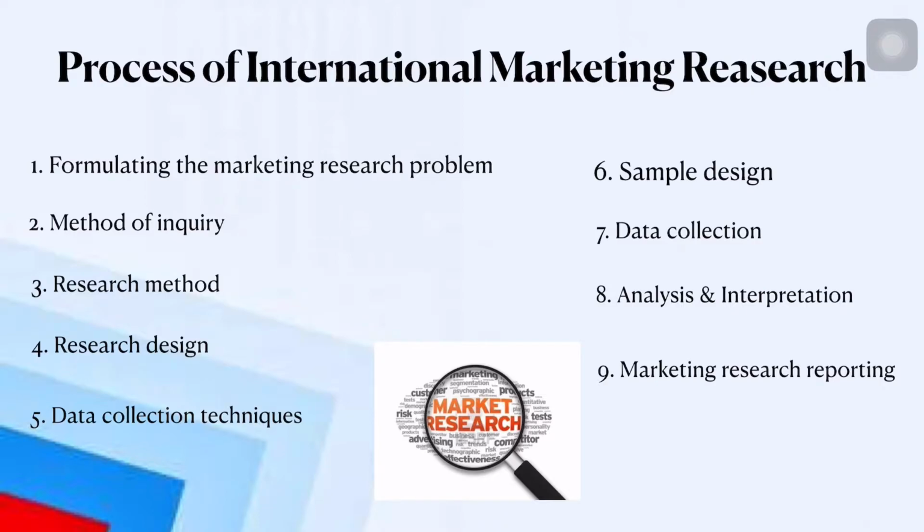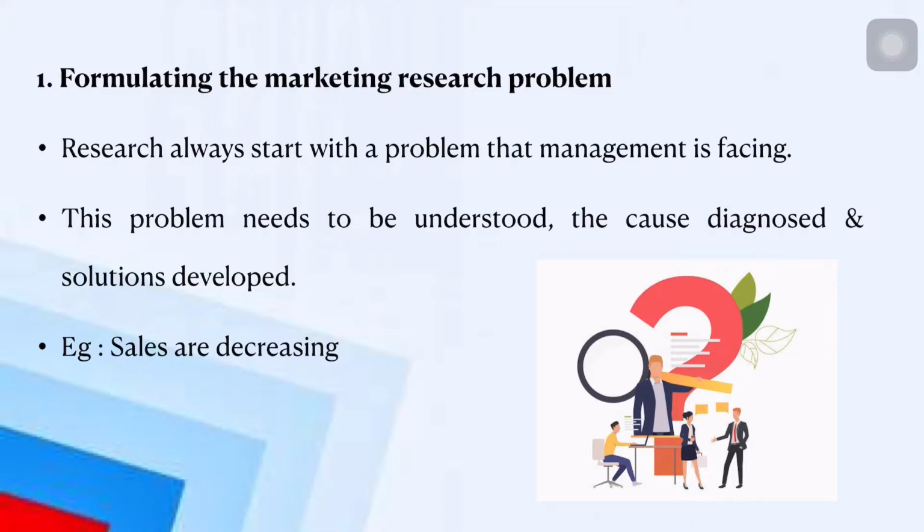So we have 9 different steps to achieve this research. Let's start with the first one. The first is formulating the marketing research problem. So everything starts with a problem, isn't it? An issue or a problem. Research always starts with the problem that management is facing. The problems can be a high labor turnover.